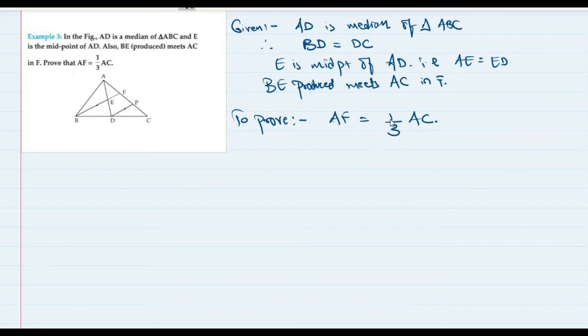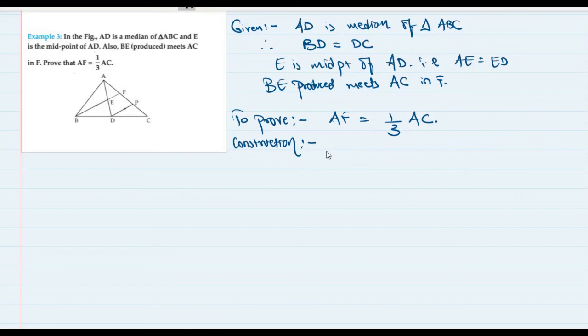Okay, so this can be proved easily. There is one construction which is required. Basically, you have to see E is the midpoint of AD.